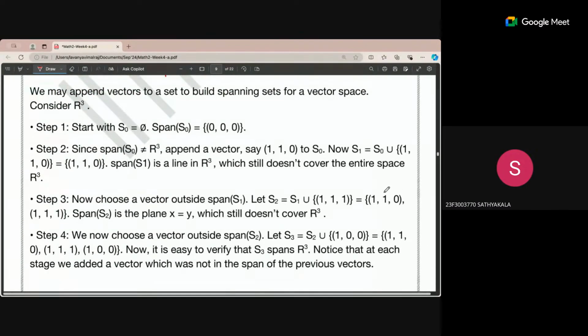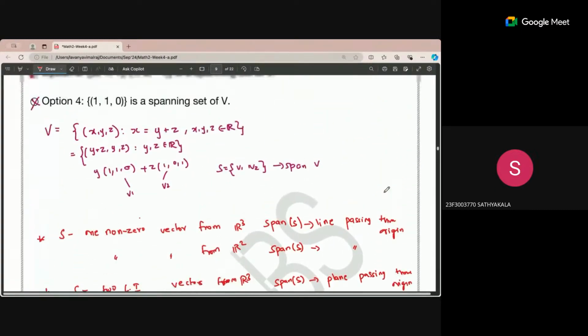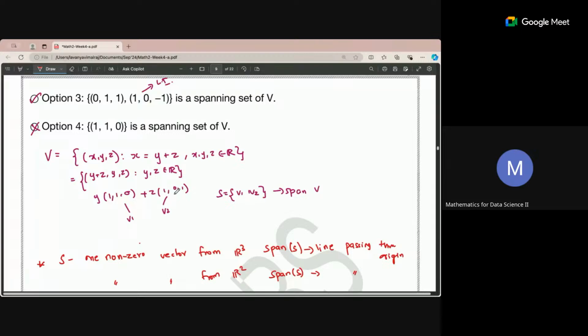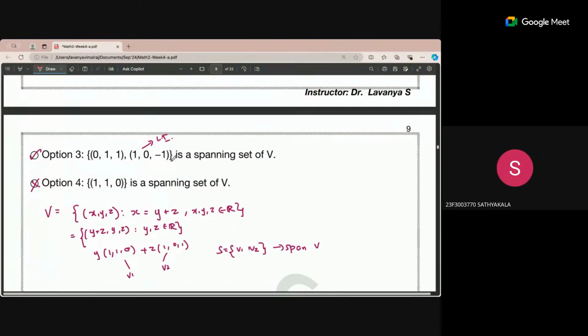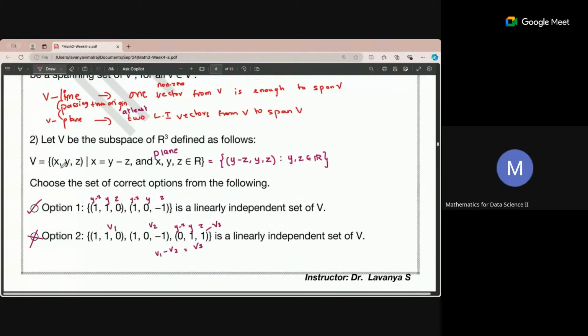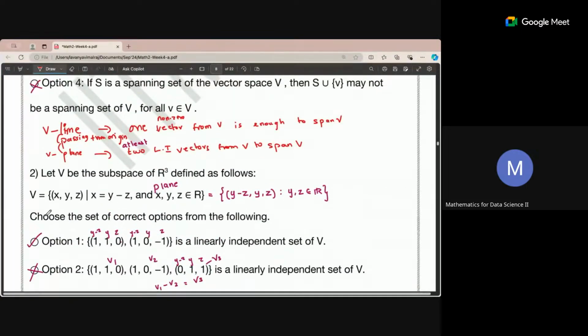Option 3 says it is a spanning set of V, but it is not spanning R3.